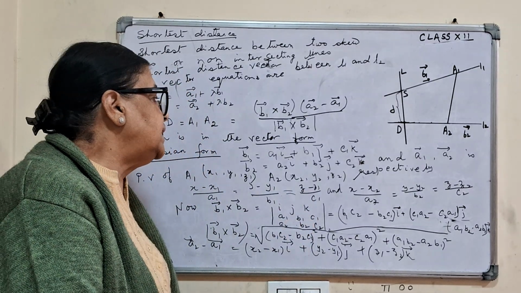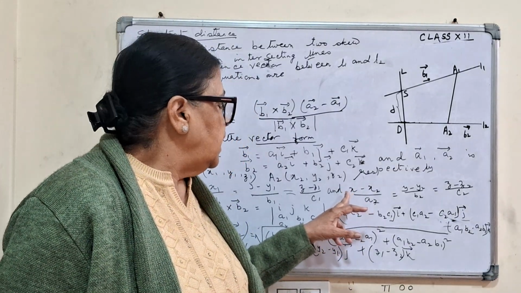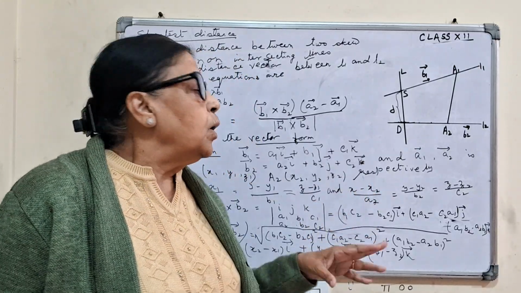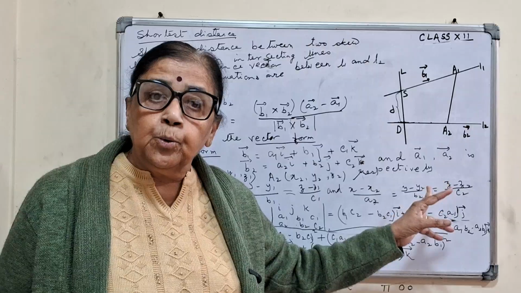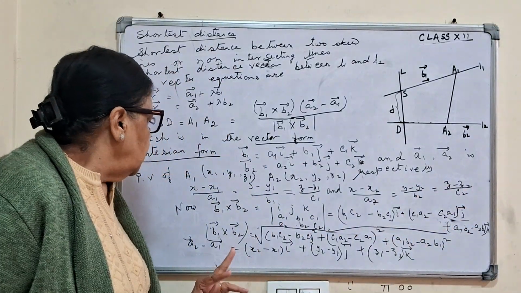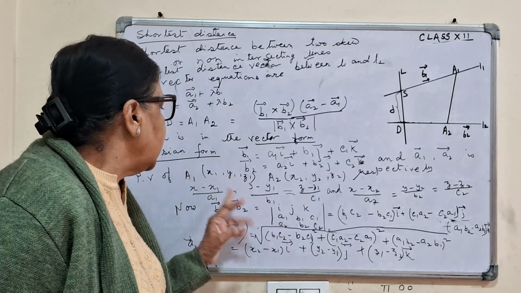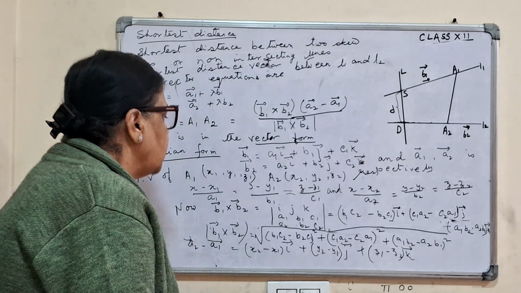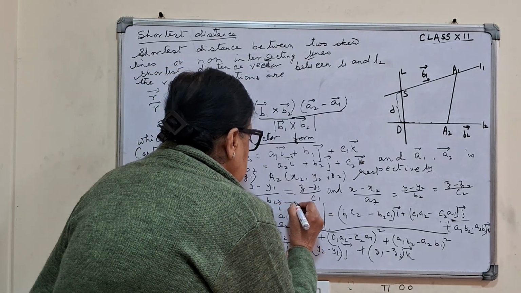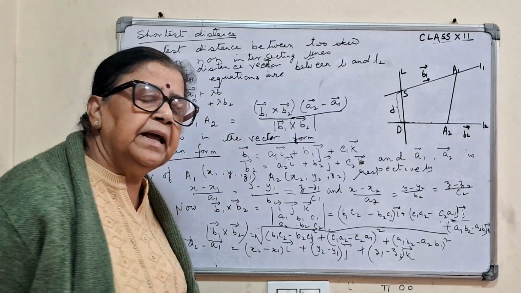And the second line is x minus x2 divided by a2, equal to y minus y2 divided by b2, equal to z minus z2 divided by c2. Now I do B1 cross B2. I can directly write the determinant with i cap, j cap, k cap, then a1 b1 c1 and a2 b2 c2.